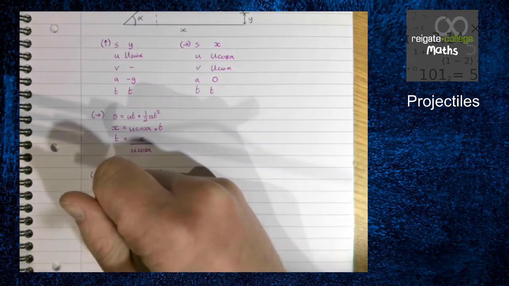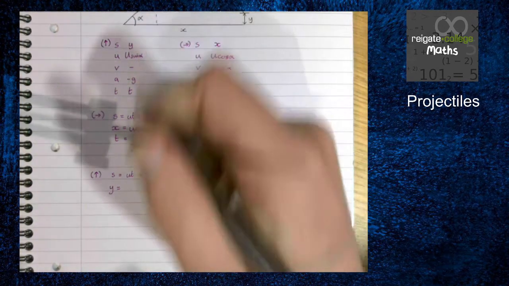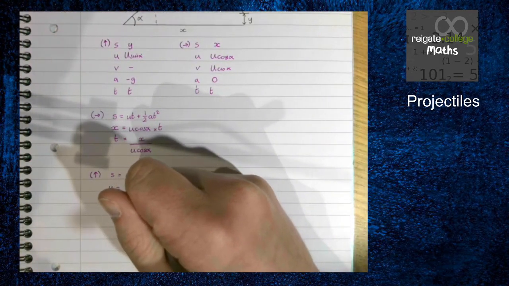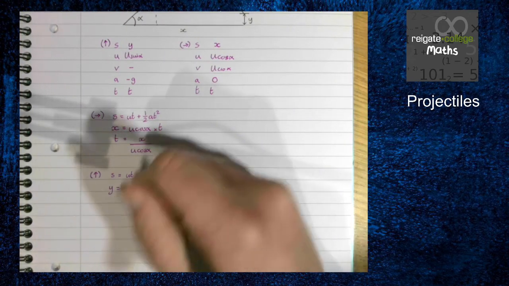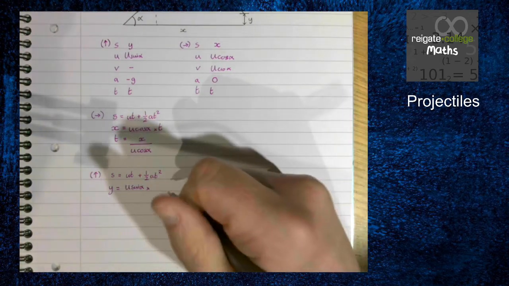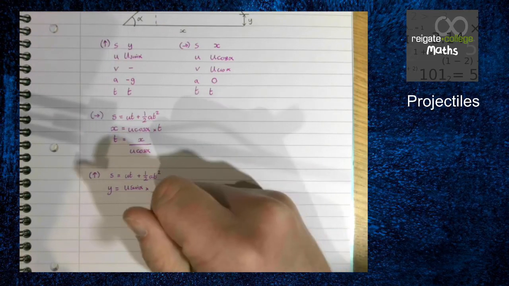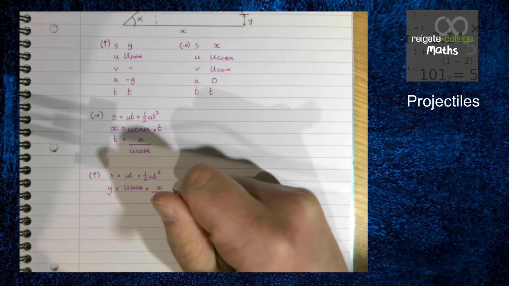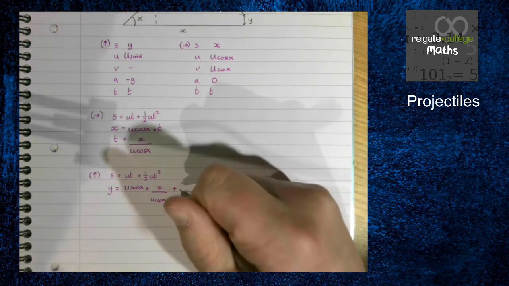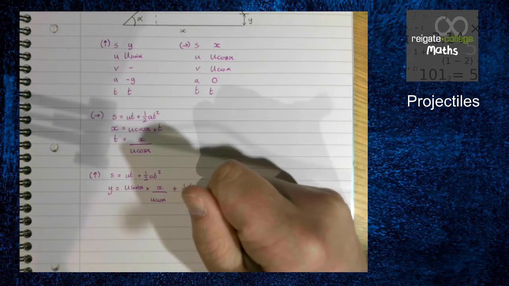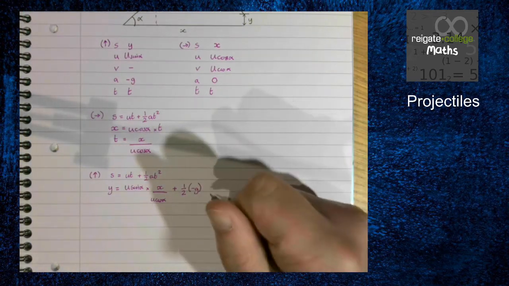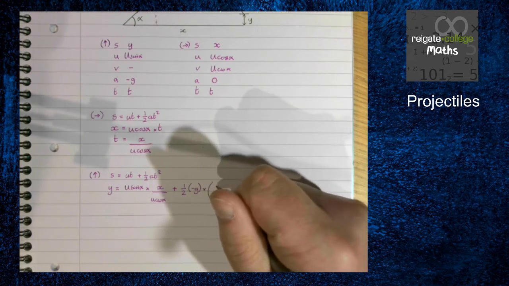So we know that y is going to be u sine alpha times t, which we've just worked out, x over u cos alpha, plus a half times a times t squared.